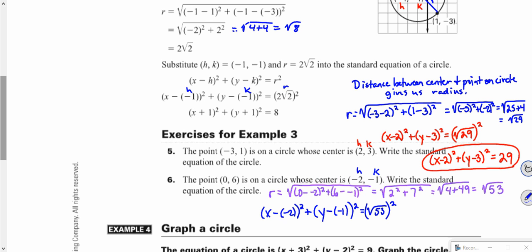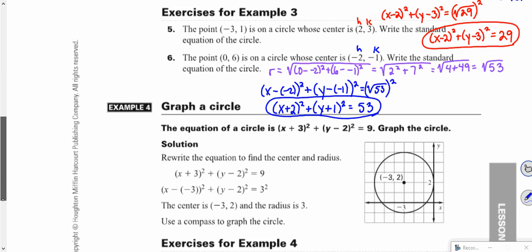Well, obviously I can clean that up a little bit, right? So I end up with (x plus 2) squared plus (y plus 1) squared equals 53. The square root that's squared, square root and squares cancel. Hope that makes sense.